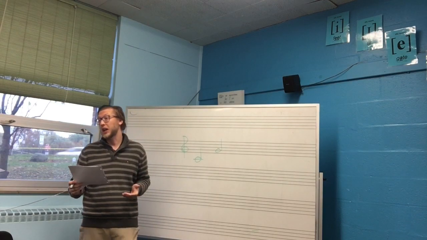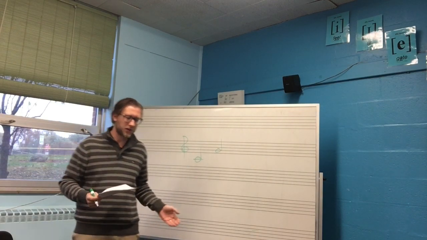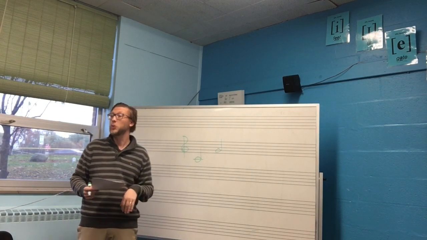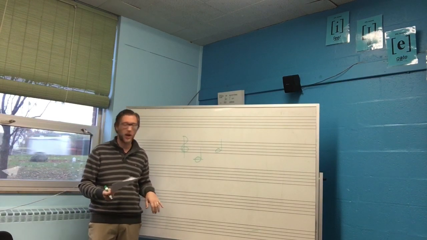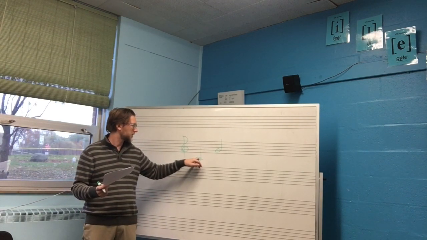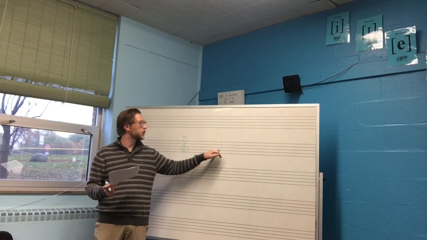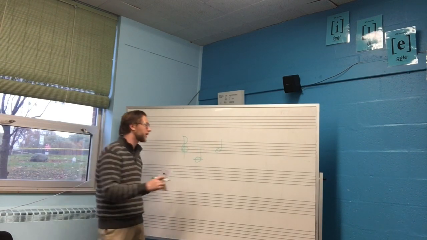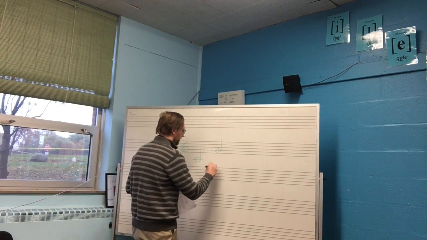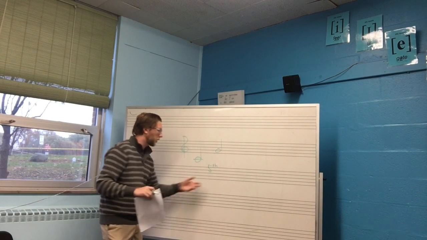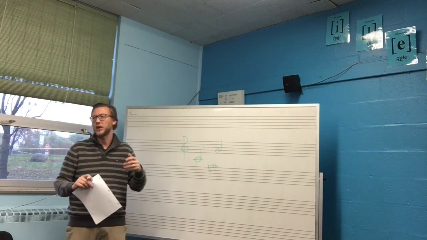So if I was going to ask you for a quantity, a number for this interval, you would just have to count from note head to note head. That's easy. This is a C, C is 1, D is 2, E is 3, F is 4, G is 5. We call this a fifth. And you say it like a grade in school.